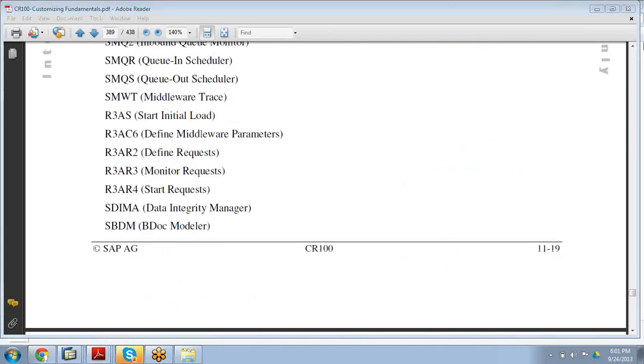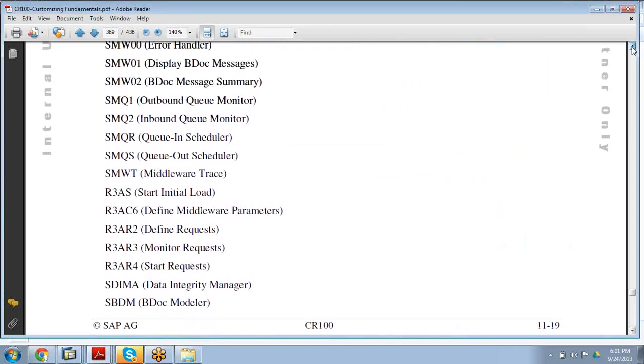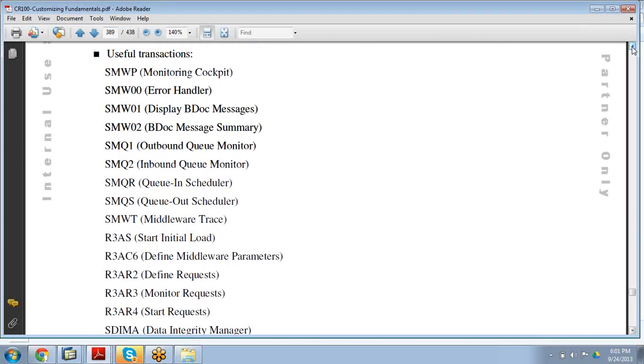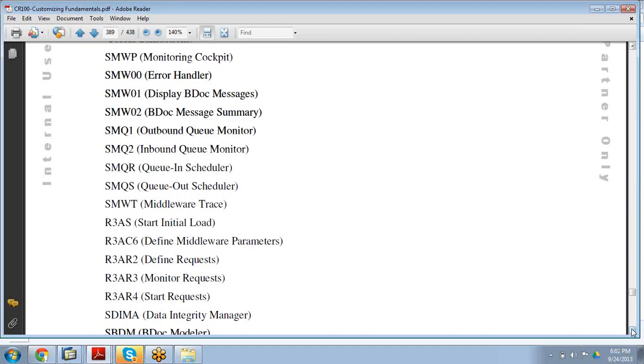You take a side heading called most important transaction codes used in middleware. Take this list. You have to remember this chart, okay? Because in middleware you will not be that strong in the process, so you have to remember the T codes only. When somebody asks you middleware questions, you always have to handle them with middleware T codes.